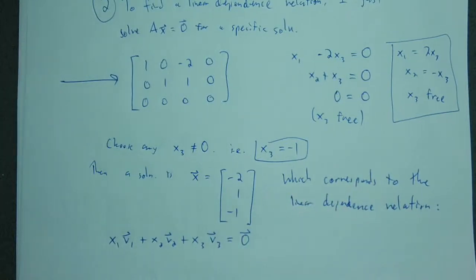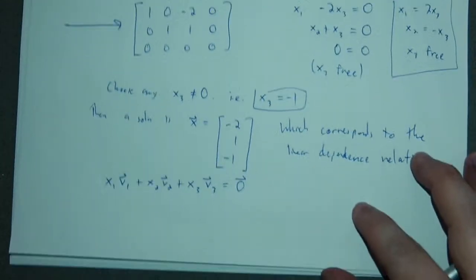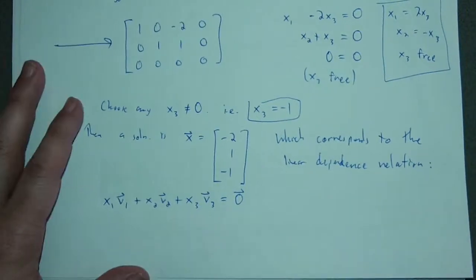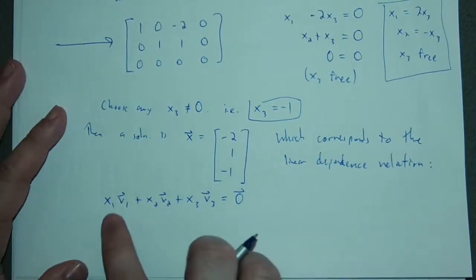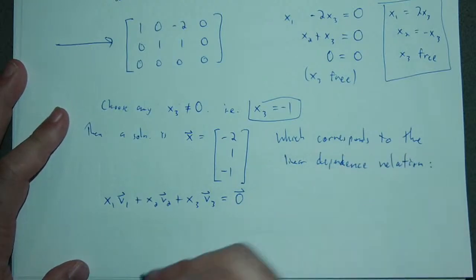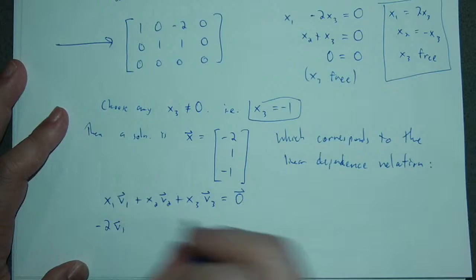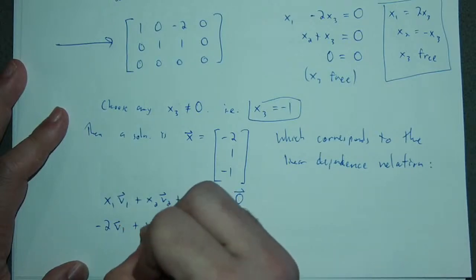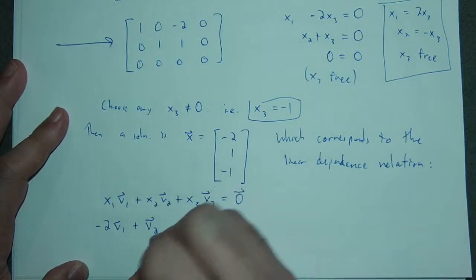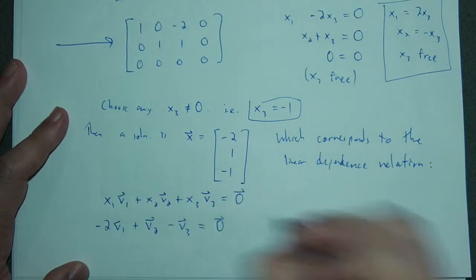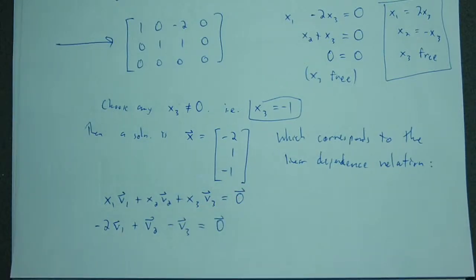So this was the equation in question. And so, in this case, this would correspond to the linear dependence relation minus 2 times v1 plus 1 times v sub 2 minus 1 times v sub 3. That should be equal to the 0 vector.